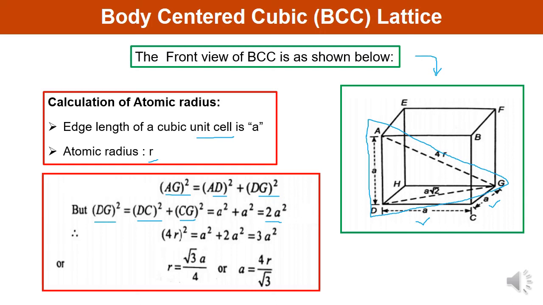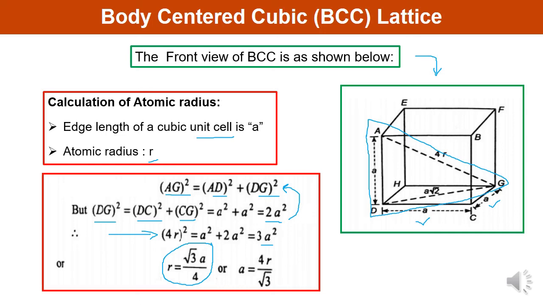Now substitute the value of DG square. AD square is A square. So 4R square is A square plus 2A square, which is 3A square. So R is root 3 by 4 into A. So this is the atomic radius for the BCC lattice structure.